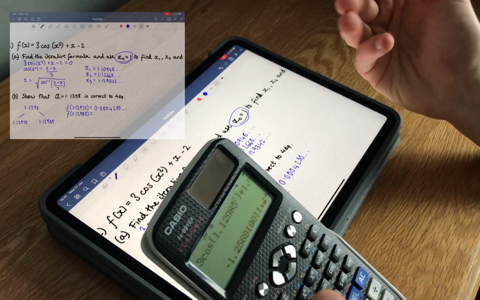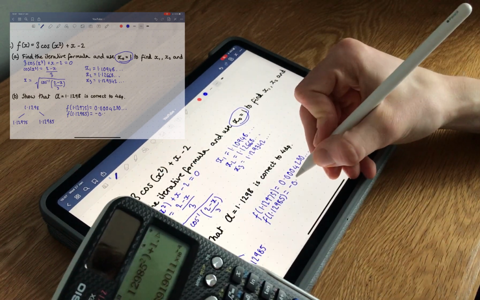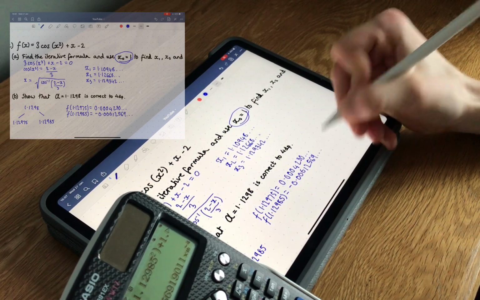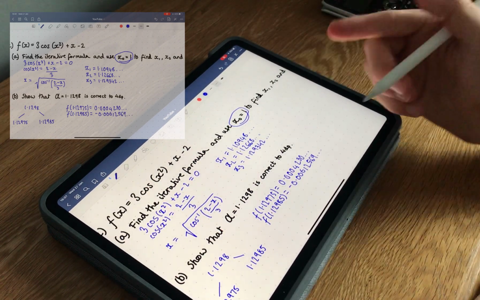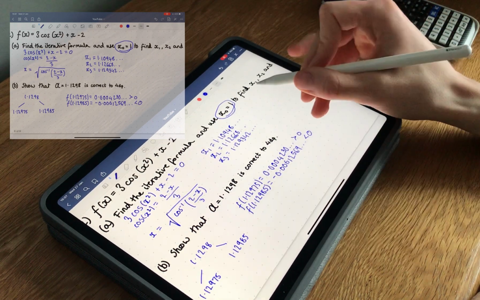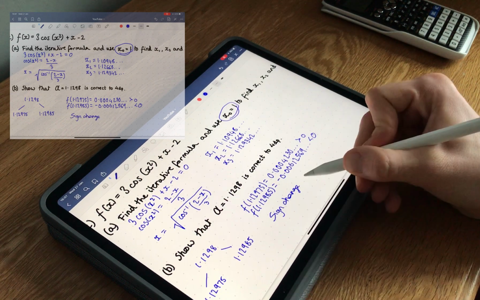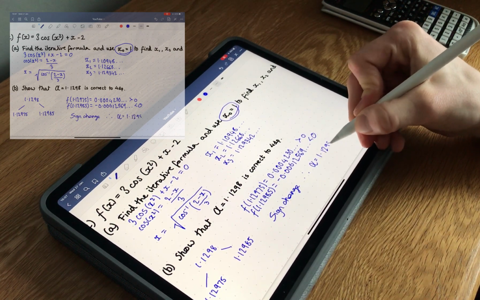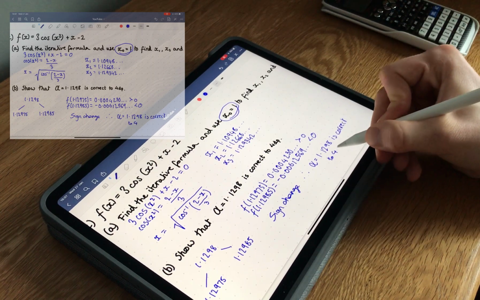Press equals, and we get an answer of negative 0.000125569, etc. And all you want to say is that here this answer is greater than 0 and this answer is less than 0, which means there's been a sign change, and therefore alpha equals 1.1298 is correct to 4 decimal places.